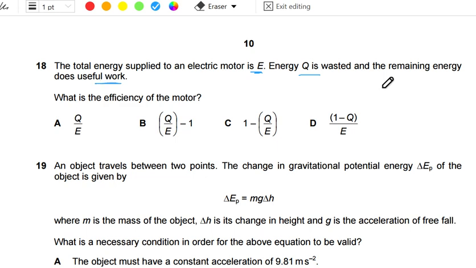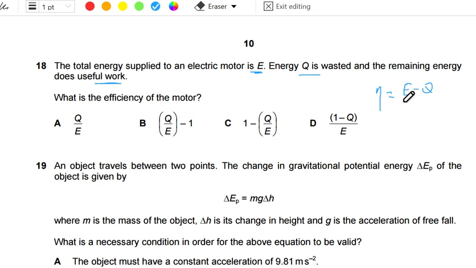We have that efficiency equal to useful output, which is E minus Q, because we gave E for the motor, it gave us both wasted energy and work.